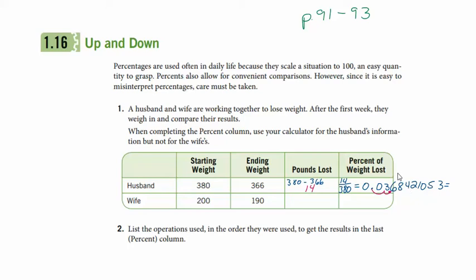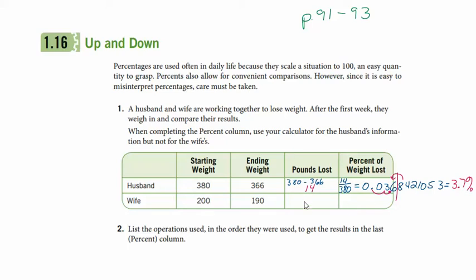So I'm going to cut it off right here. This 8 is bigger than 5, so that means it's going to round that 6 up to a 7. So I'm going to call this 3.7%. That's how much weight he lost, 3.7% of his original weight.